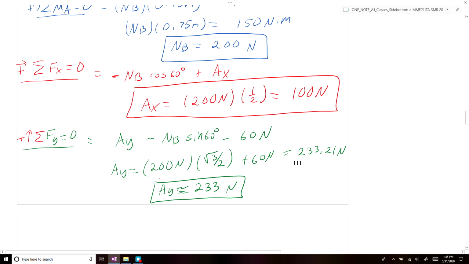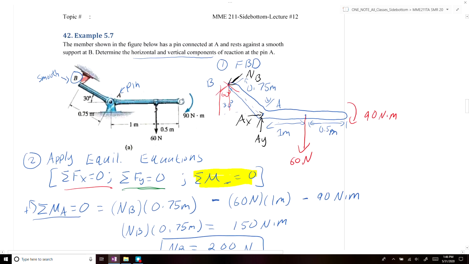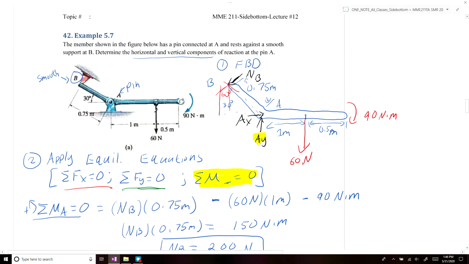In these types of problems, the two critical steps are, first, drawing your free body diagram. It's very important that you get the supporting reaction forces correct. If you don't correctly identify the reaction forces, the rest of your calculations will be incorrect because you won't be able to properly apply your unknown forces and won't be able to apply the equilibrium equations correctly.